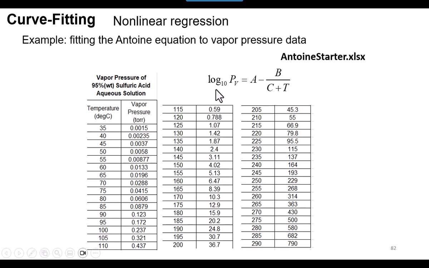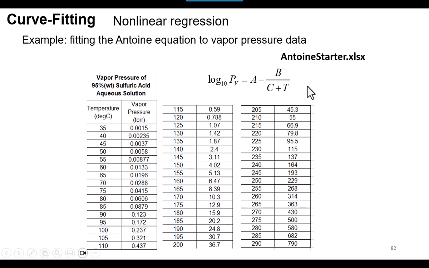But the Antoine model is a logarithmic model in terms of vapor pressure. And we've seen that before with a previous example for water steam data, but that's what it is. So now what we want to do is we want to fit A, B, and C, all right, given these data.